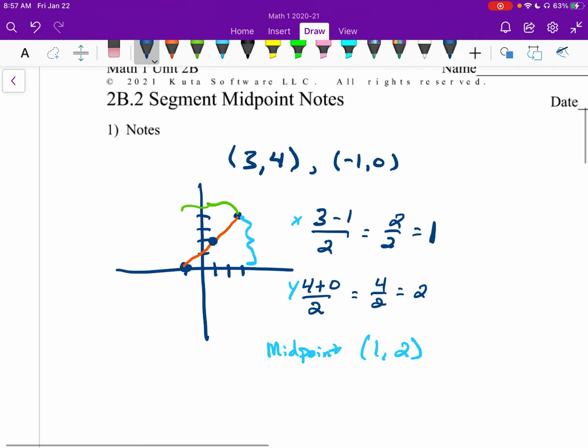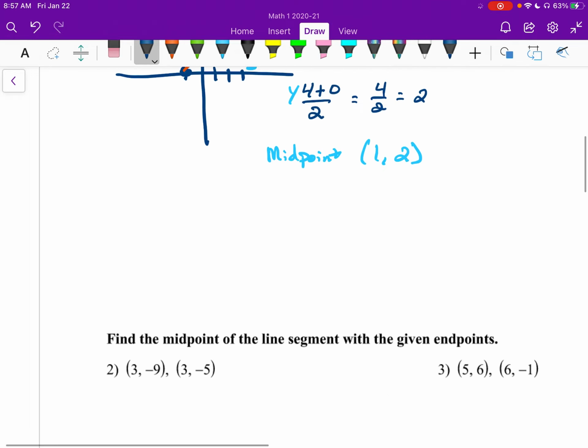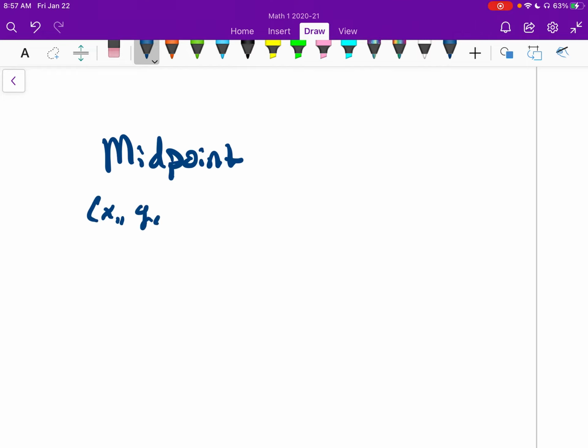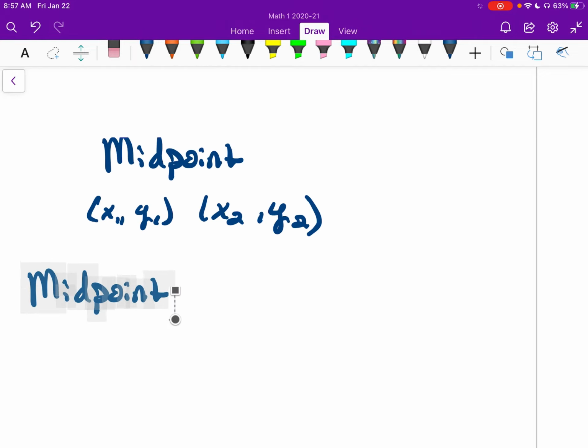So we can think about it that way, but I want to give us a formula. We have a midpoint formula. I'll write that over here. Say we have 2 points, x1, y1 and x2, y2. Let me write this a little differently.